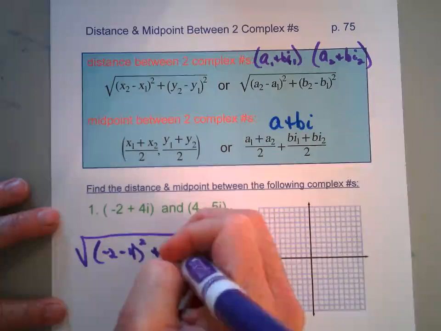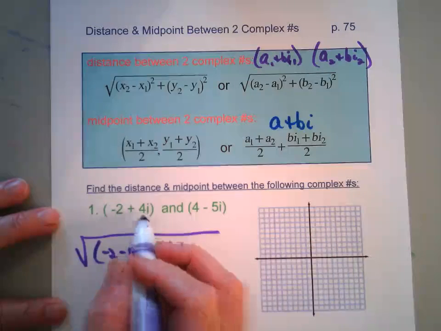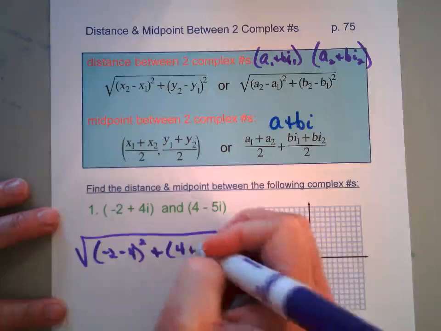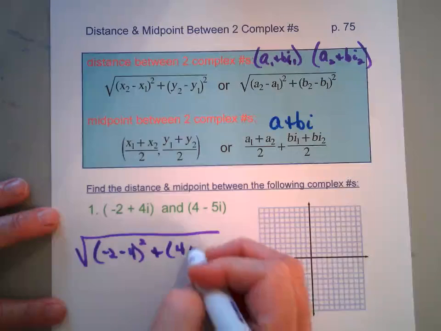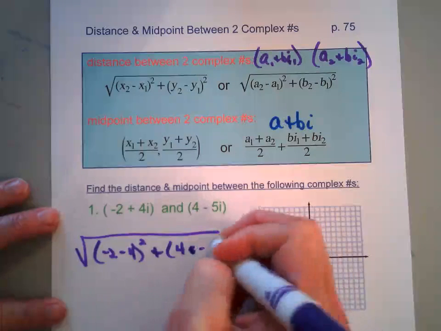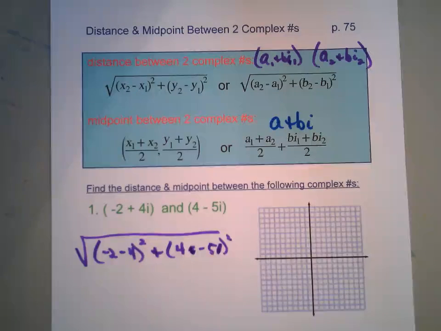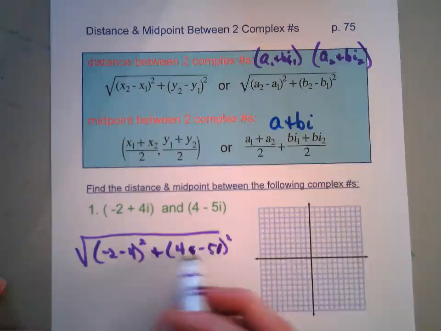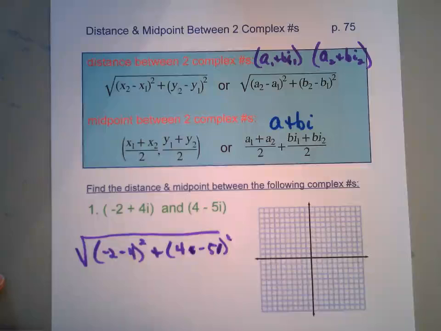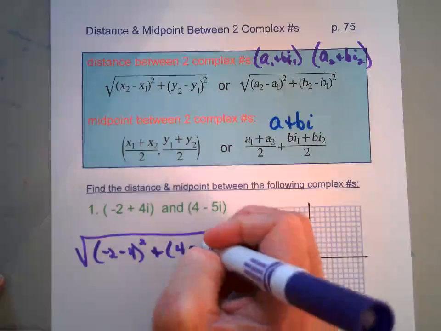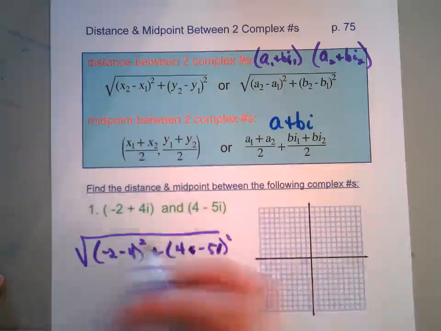Plus 4, because that's the 4 right here. Plus, oops, sorry, it's supposed to be a negative. Minus 5i squared, no i, just 5. So that's 4 minus negative 5. Okay, so we really messed that one up, didn't we?